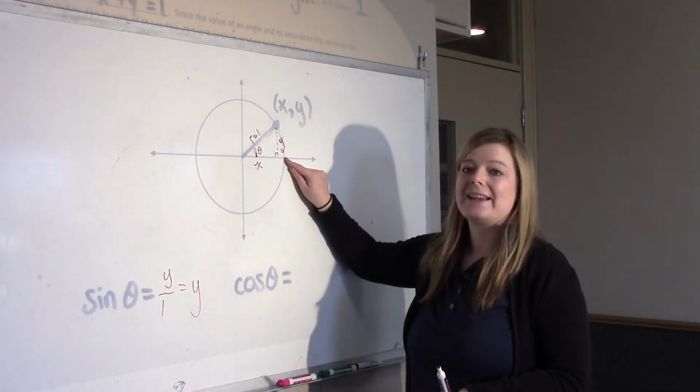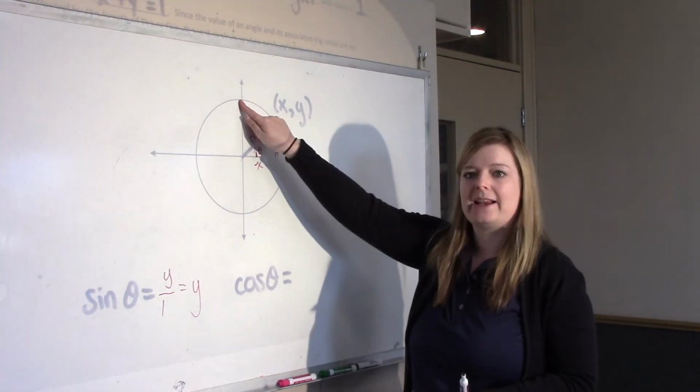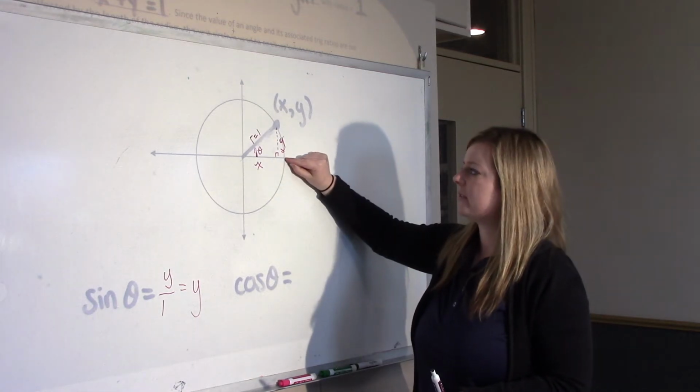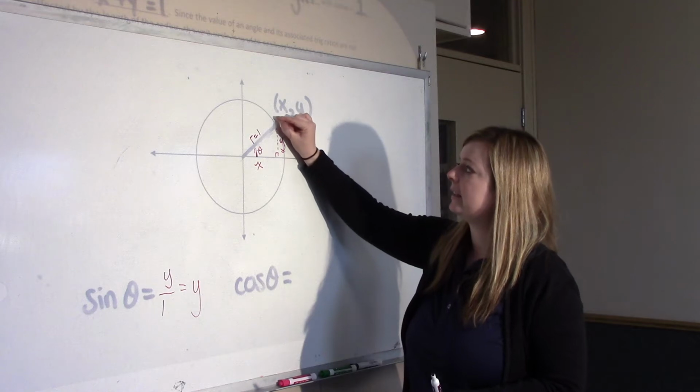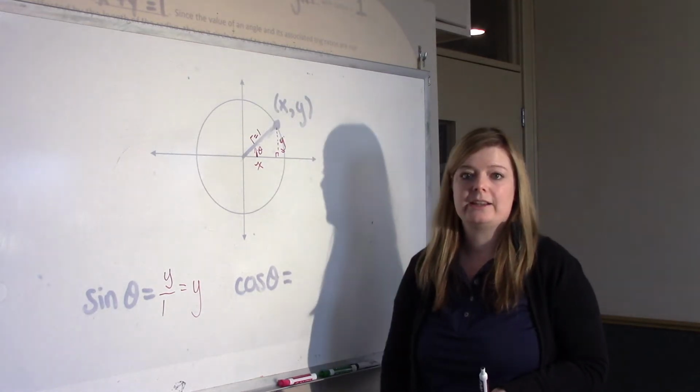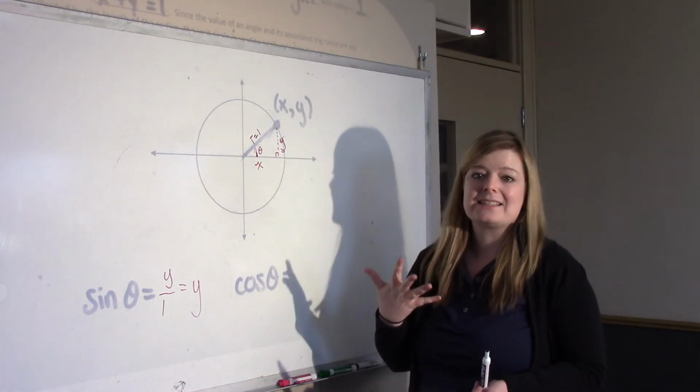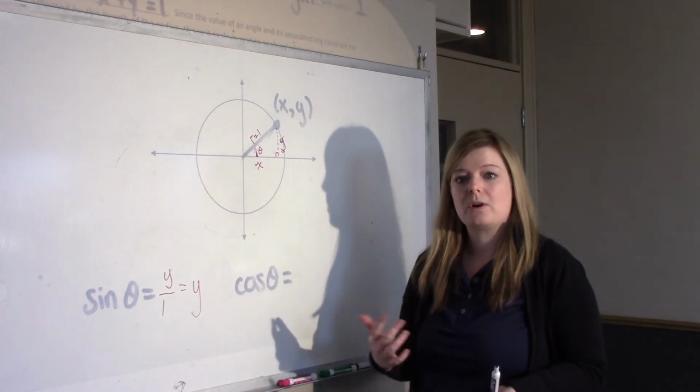So here y is 0, and here y is 1. So in this quadrant, y, how far we're going up, is increasing from 0 to 1. So that means that sine is increasing from 0 to 1.